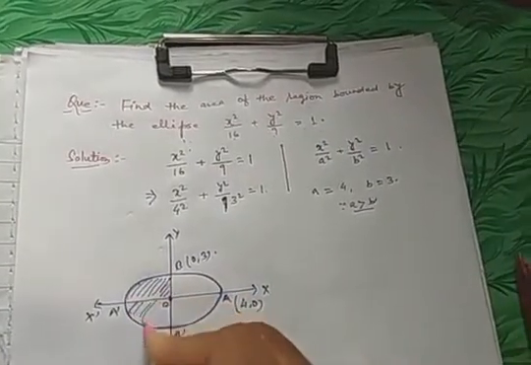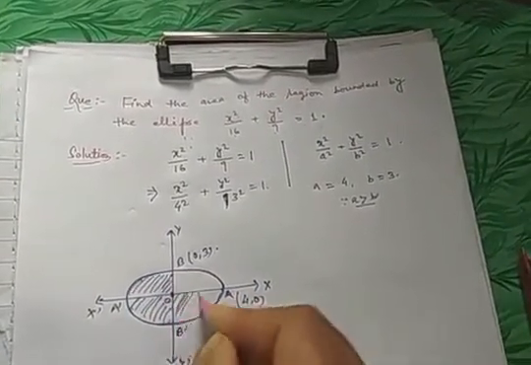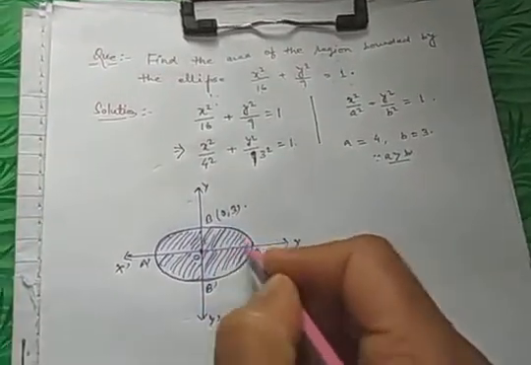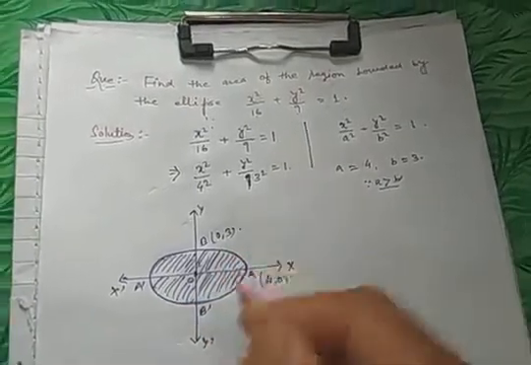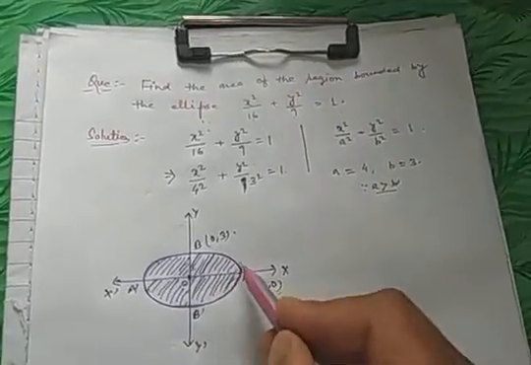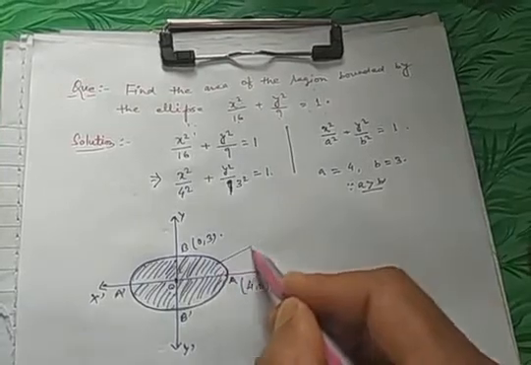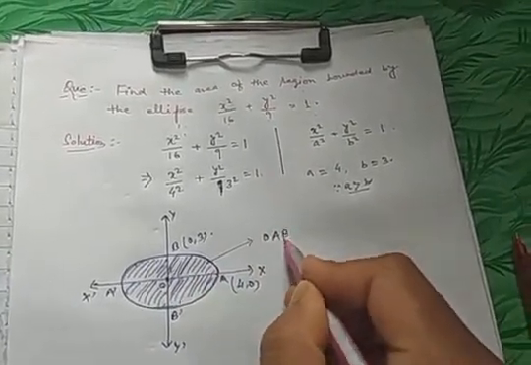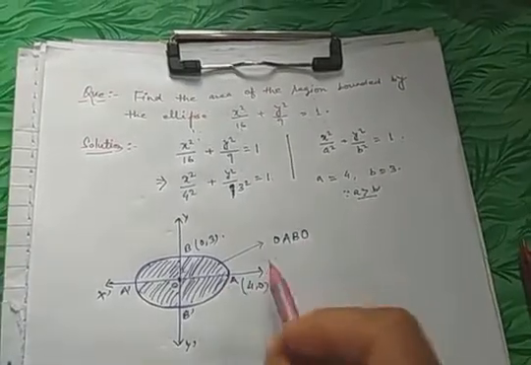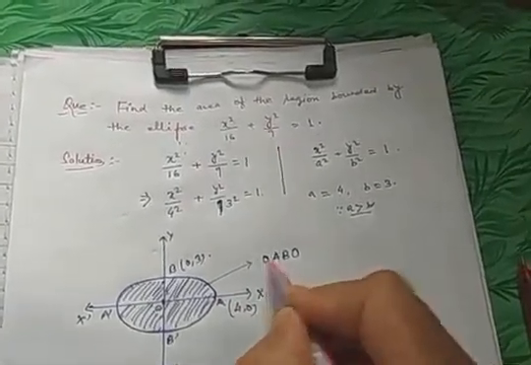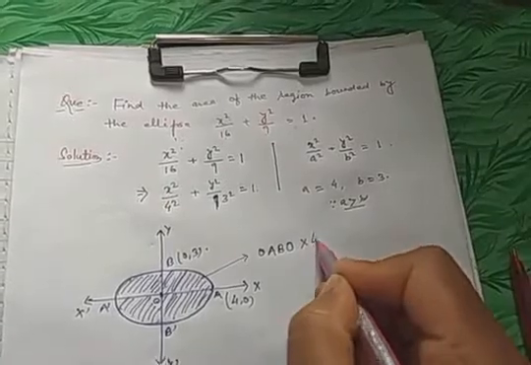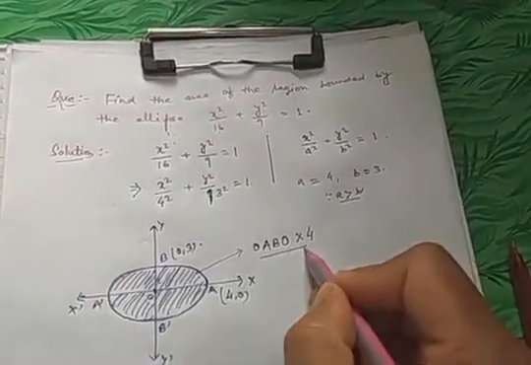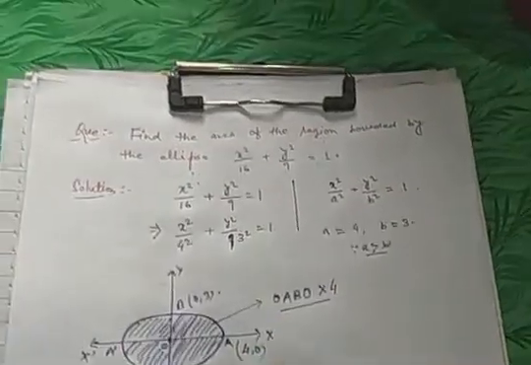For finding the area of this shaded region, if we find the area of the region OABO and multiply it by 4, then we will get the area of the bounded region.